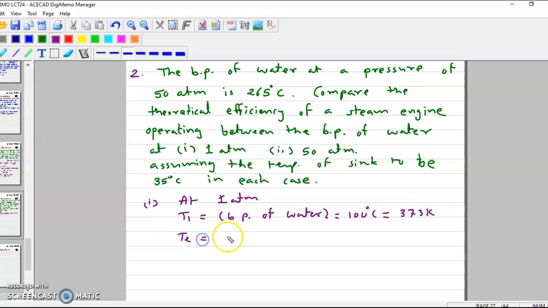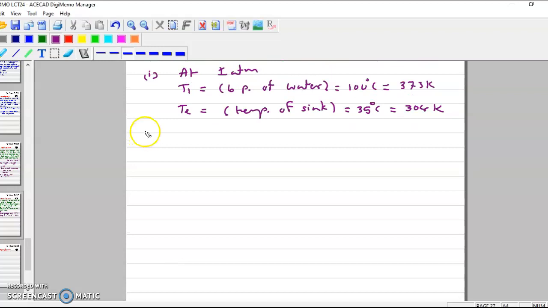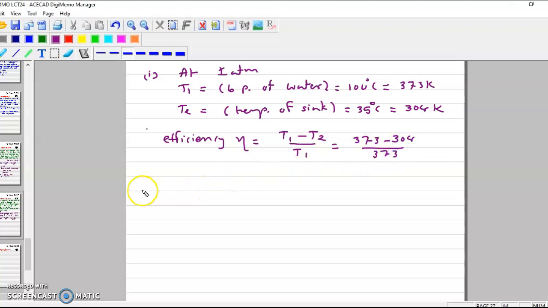Lower temperature T2 is the temperature of the sink given, which is 35 degrees Celsius, and it is 308 Kelvin. So efficiency eta is equal to (T1 minus T2) upon T1, which is (373 minus 308) upon 373. This you have to find out.